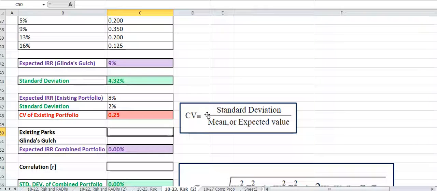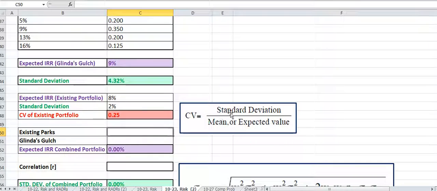Now, if you remember, the lower this is, the lower the perceived risk. Because if you have a low standard deviation in the denominator versus a higher mean in the, or higher expected value in the, I just said that backwards.